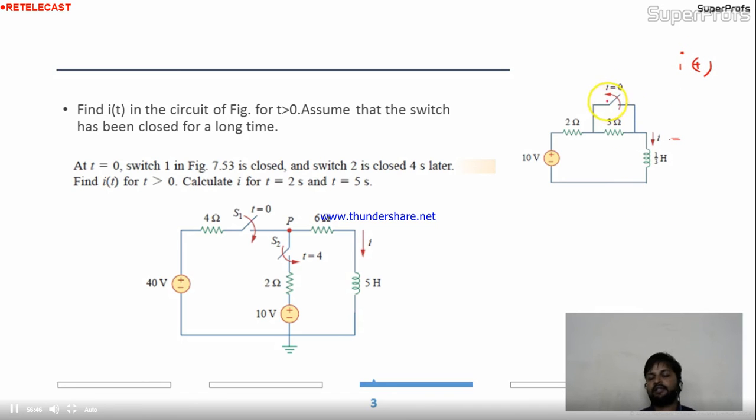Okay. So here they are giving the condition that at t equal to 0, it's opening. Right. Before t equal to 0, it was closed. So when it was closed, can I calculate I at 0 minus? Yes, it was closed. So if this is short circuited, this 3 ohm is meaningless in the circuit.